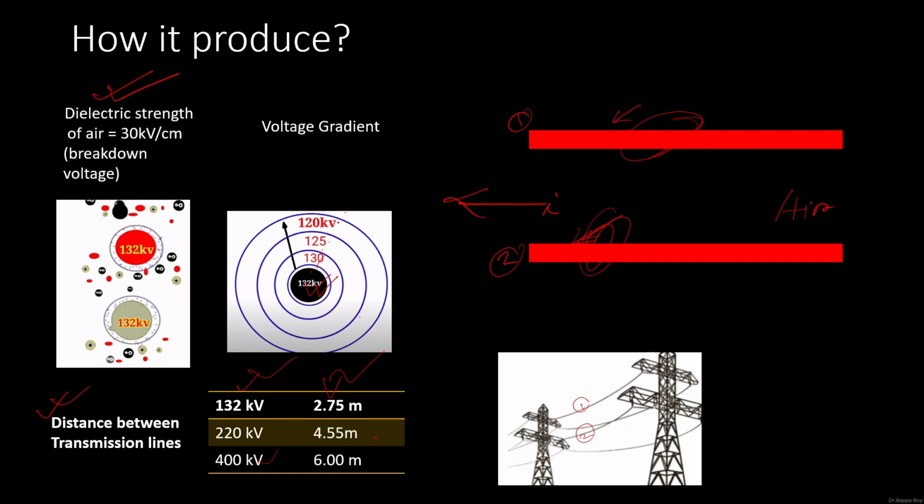Okay, with the distance. So when it crosses 30 kilovolt per centimeter in this air, then it starts ionizing itself.